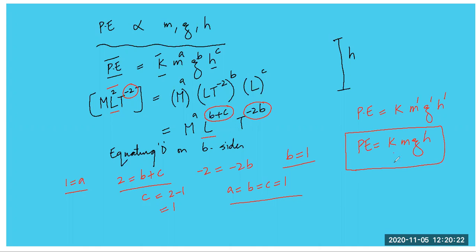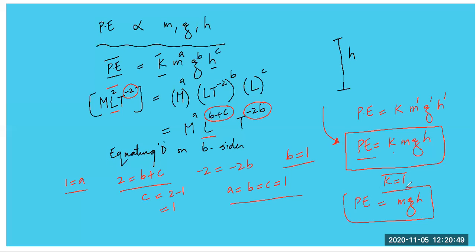Later on, it was found that the units of mass, g, h and joule were taken in such a way that k came as 1, with corresponding units. So potential energy was finally derived as mgh.